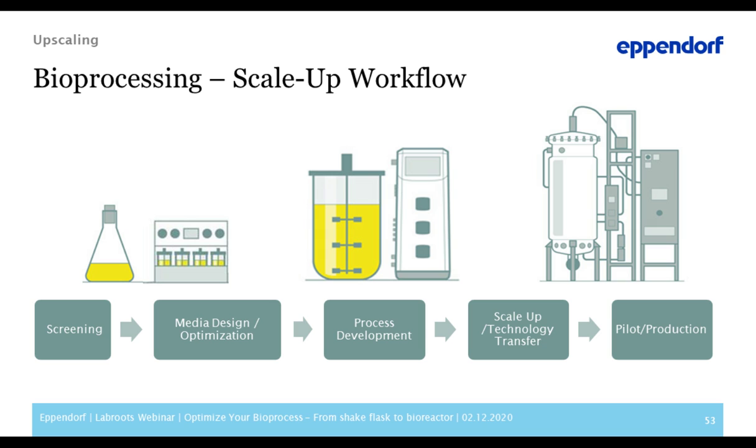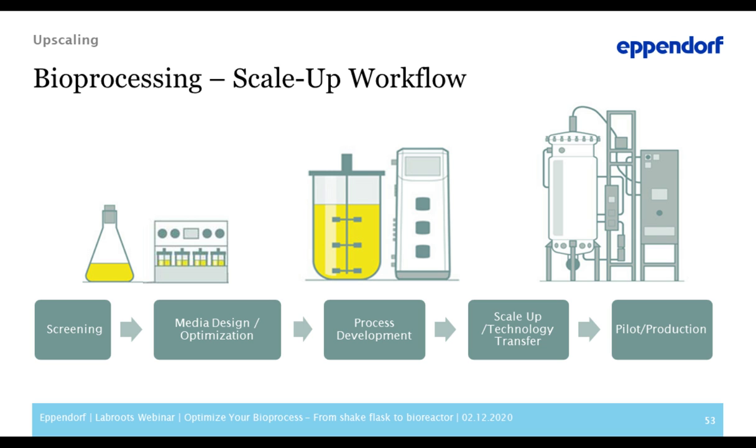For further screening and optimization, a parallel mini bioreactor provides individual control of up to 24 vessels in parallel. So if, for example, you would like to compare protein expression at different temperatures, this would be the ideal choice.